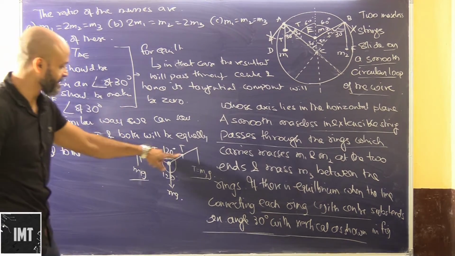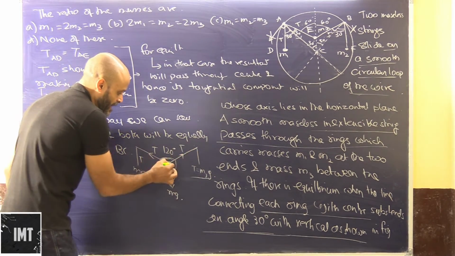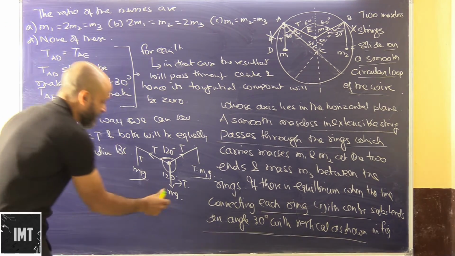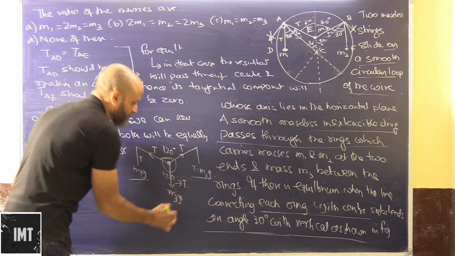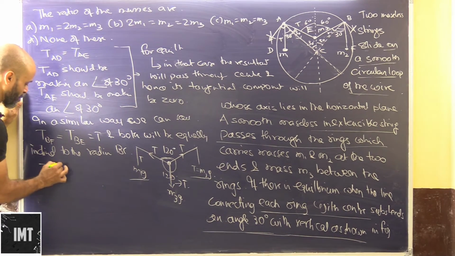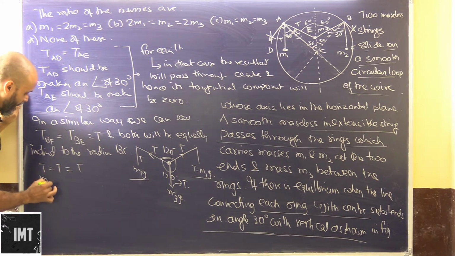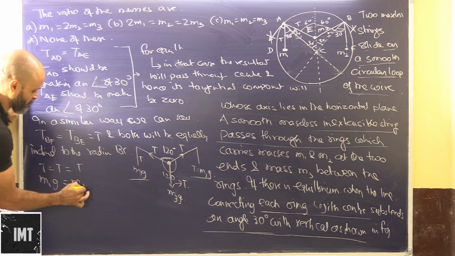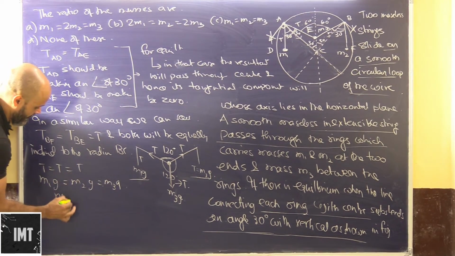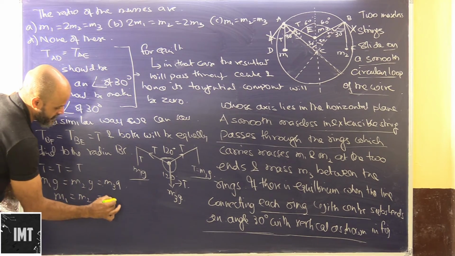It will be balanced only if this also happens to be T. So here we have m3g, which is T. So m1g is equal to m2g is equal to m3g, which means m1 is equal to m2 is equal to m3.